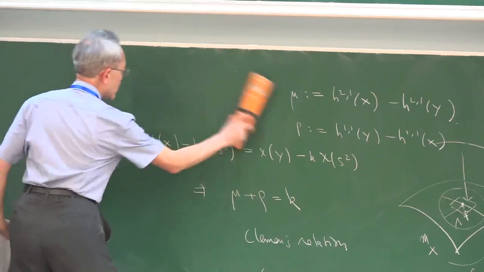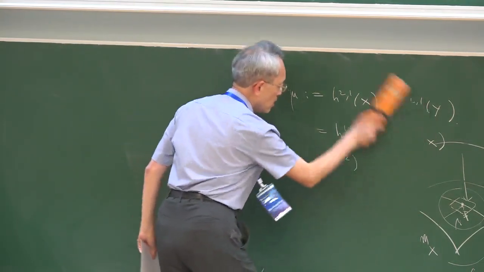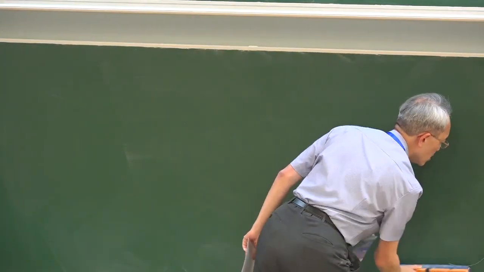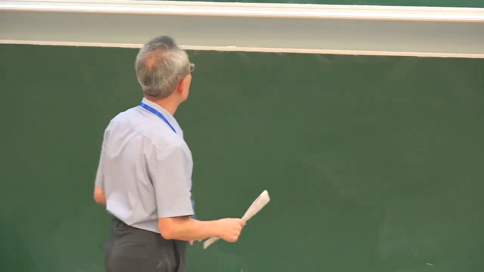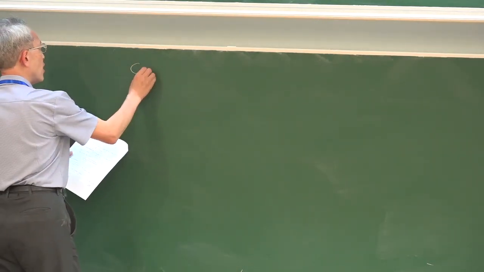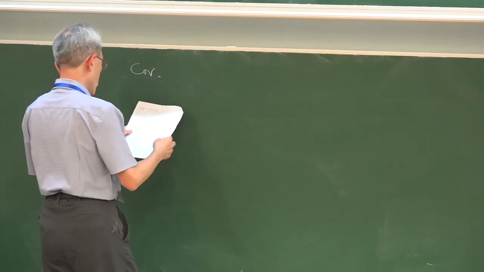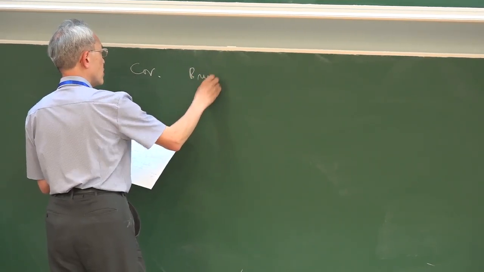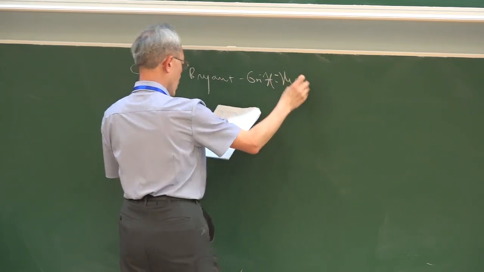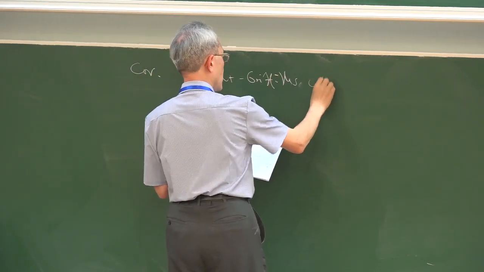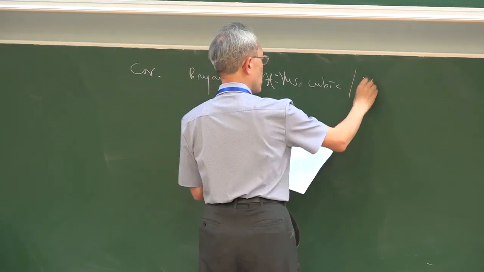So once you have that, and notice that, you can derive the following corollary. The prime prefix, cubic, or in physics literature, it's called the Yukawa coupling.